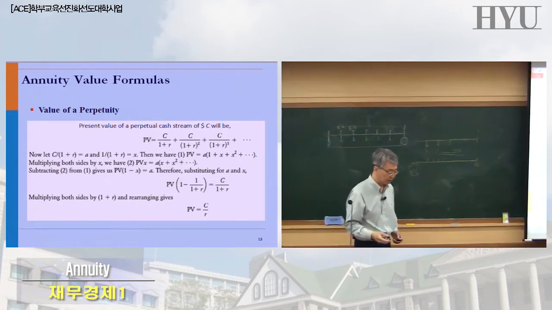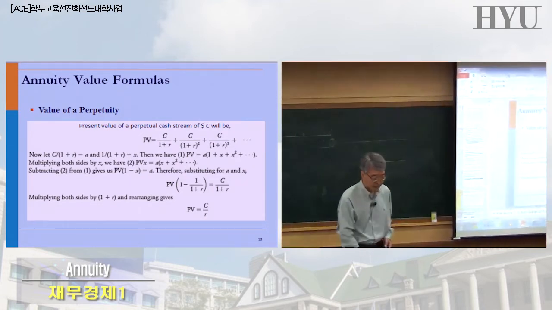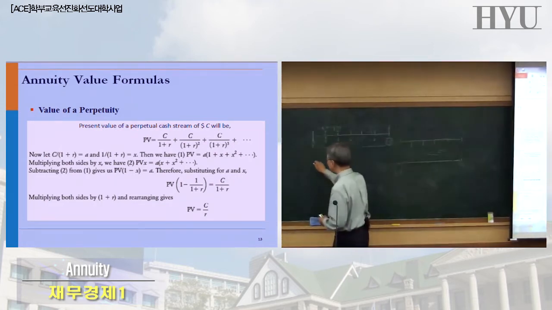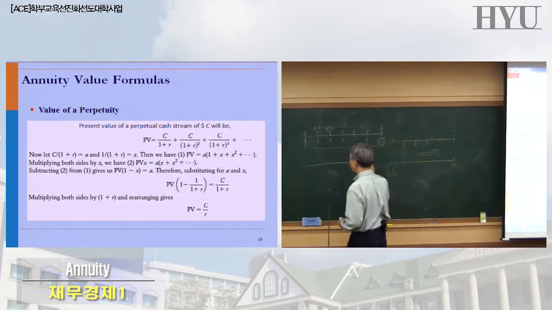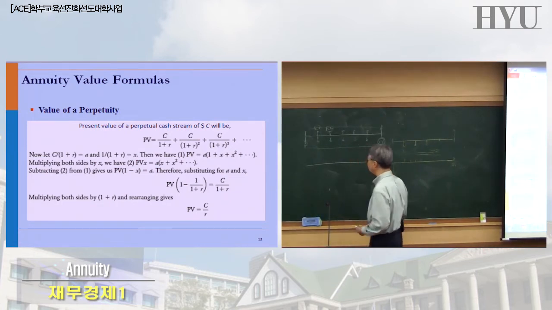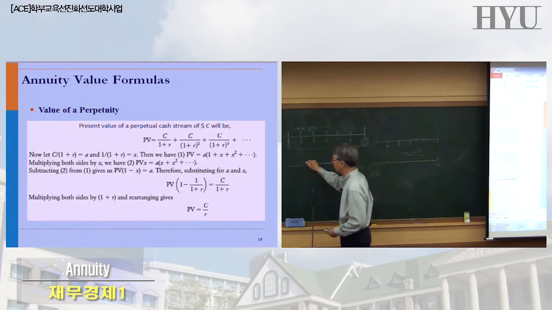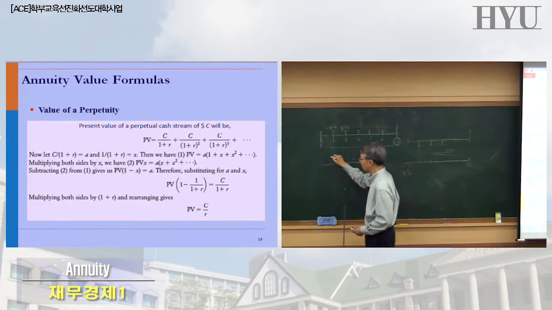And that's the end of the life of a bond. But with perpetuity, there is no end. There is no maturity. They just pay the interest payment. Usually it's called the coupon payment.